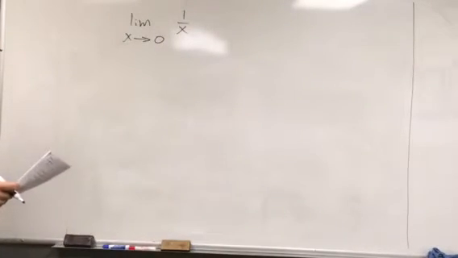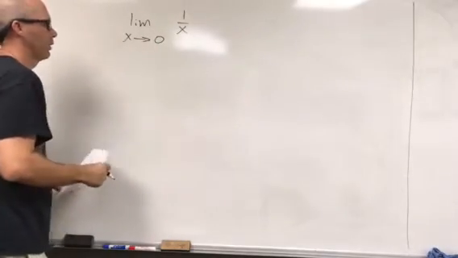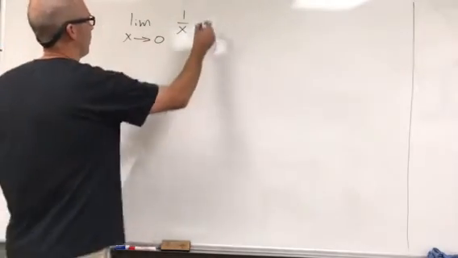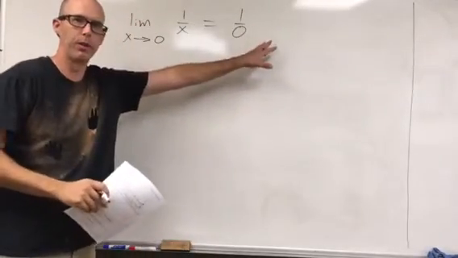So, the limit as x approaches 0 of 1 over x: first things first, you throw the number in, you get 1 over 0. That means you found an asymptote.